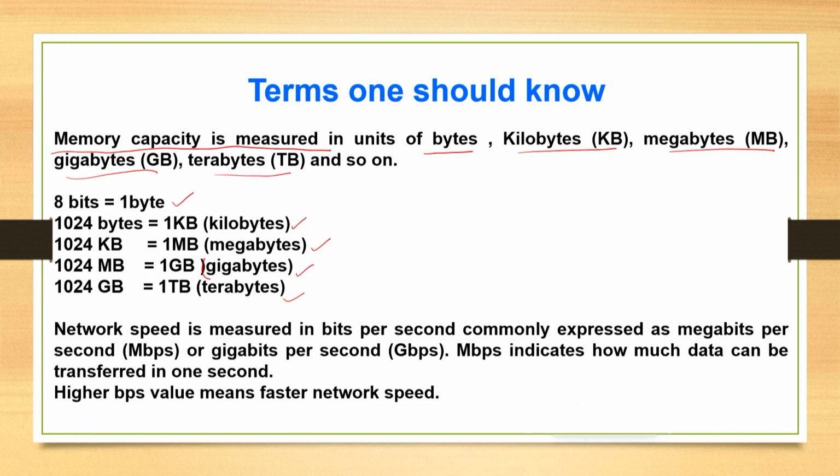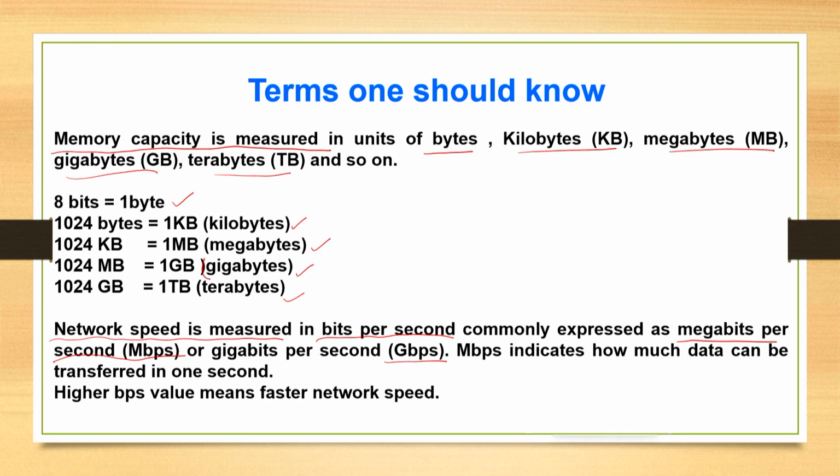Another term that one should know, since we are talking about the network, is the unit in which the network speed is measured. This is measured in bits per second. Commonly, as I have already used in my previous lectures also, megabits per second, Mbps, or Gbps, that is gigabits per second.